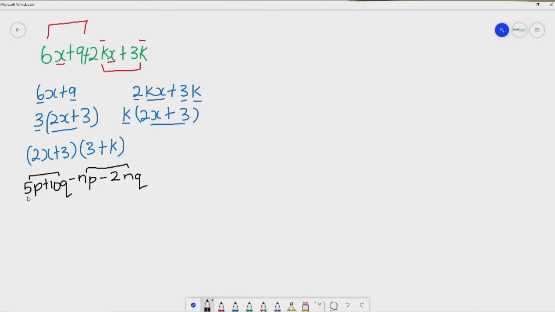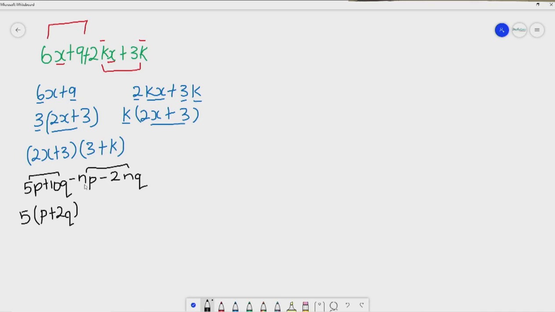So 5p, 10q, look at the coefficients, 5 and 10. The highest common factor of 5 and 10 is 5. Put that outside. 5p divided by 5 is just p. 10q divided by 5, 10 divided by 5 is 2, and we write back the q.